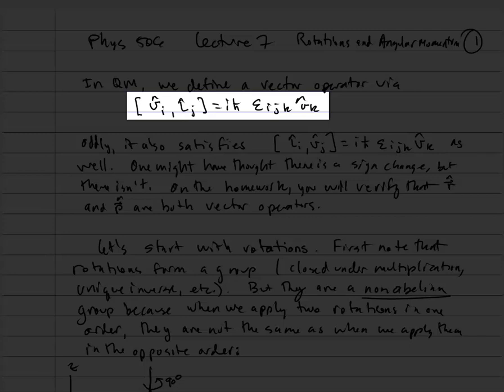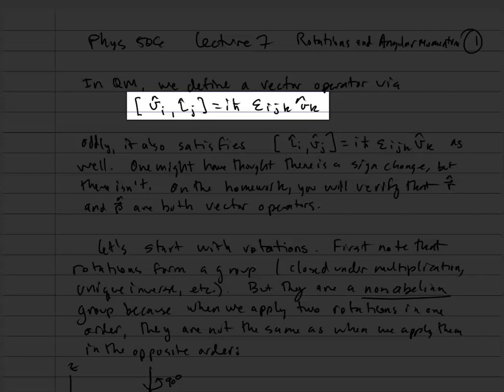And we look at the commutator of V_i with L_j, and that commutator equals i ħ ε_ijk V_k, where ε_ijk is the completely antisymmetric tensor, and if you like, you can think of that repeated index as an implied summation using the Einstein notation.